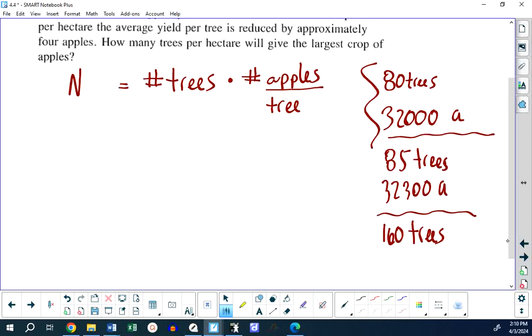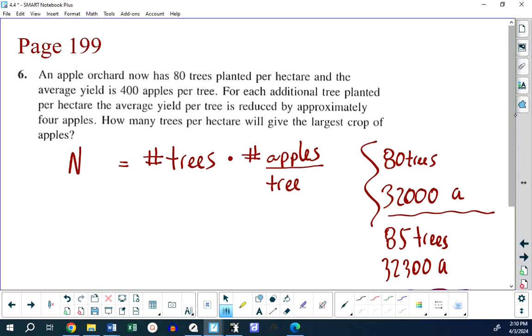We've lost 320 apples per tree. Okay, good. So that would be 160 trees times, we've lost 320, which only leaves 80 apples per tree.